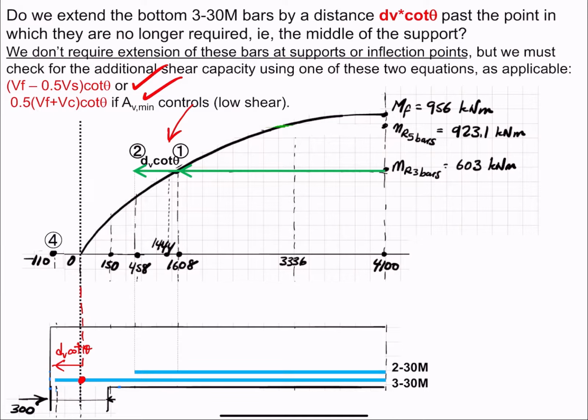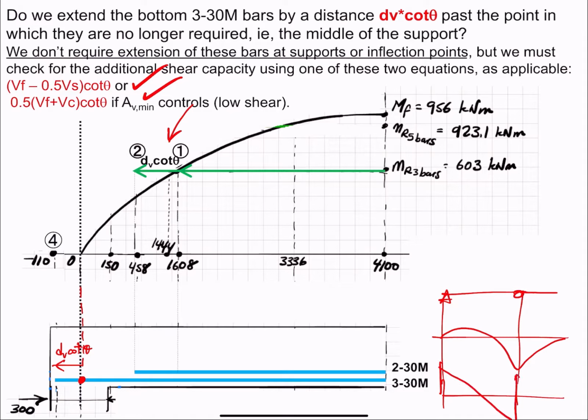But if we remember, this beam is something like this. So the moment diagram is something like this, and the shear diagram is something like this. So in this location, in the middle of the support, the shear is high.